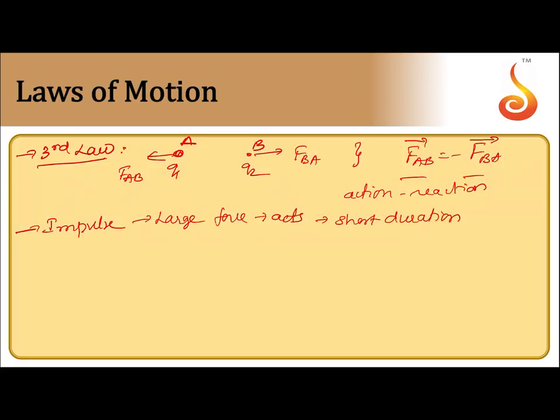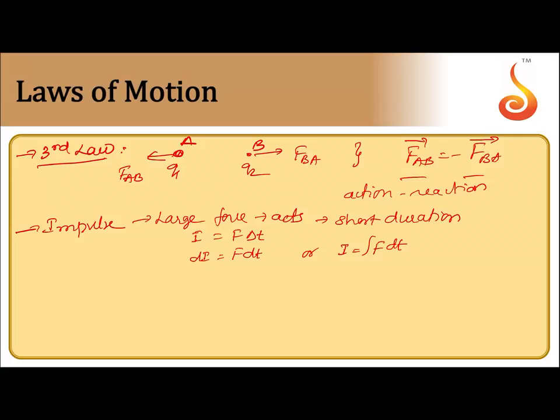And the impulse is given by the product of force into the short interval of time. So, I is equal to F into delta t. Or if it is a very short interval of time, then we can write dI is equal to F dt, and the total impulse is given by integral F dt.